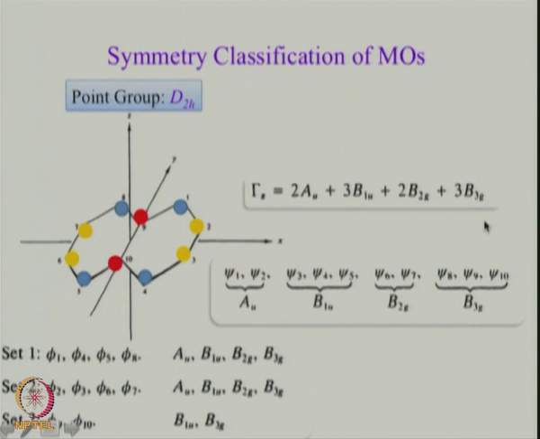So I can tell right from there that B1U plus B3G is going to be the symmetry of phi 9 and phi 10, and each of the other sets will be AU plus B1U plus B2G plus B3G. So, this much is done. What is the next step? The next step is to use the appropriate projection operator to generate the symmetry adapted linear combination. That is what we will take up in the next module.